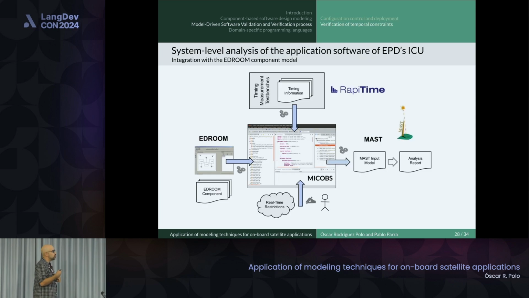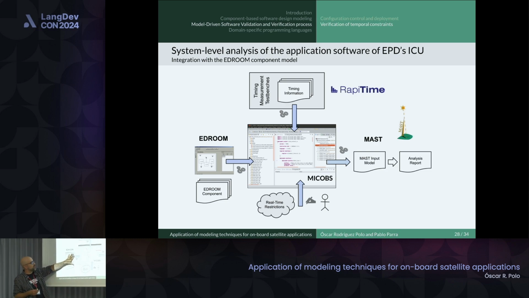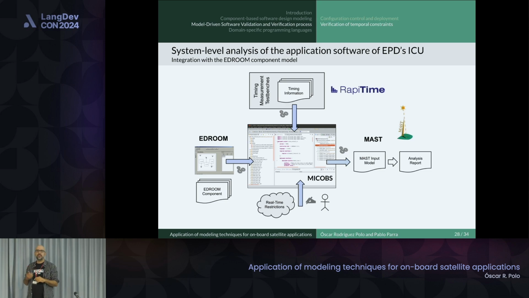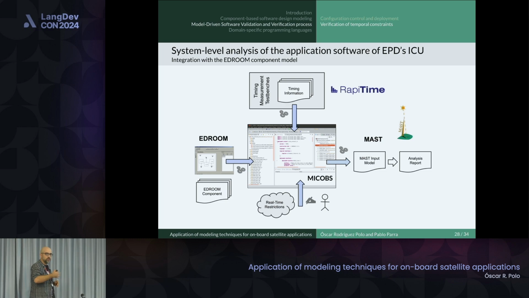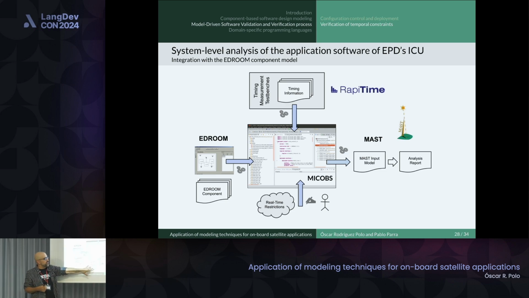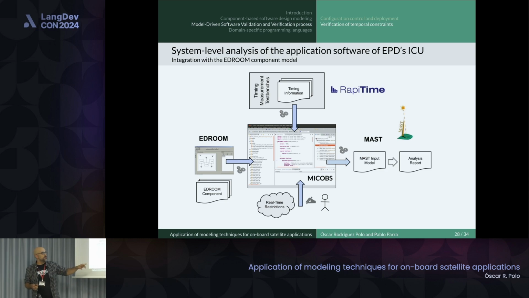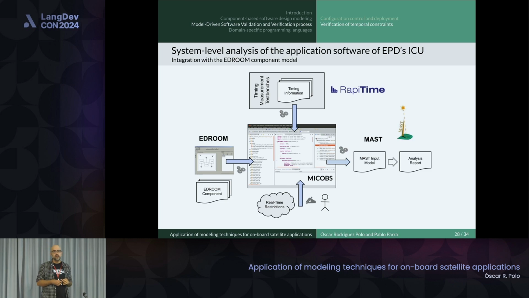And the framework also allowed us to integrate our component model for developing the application with RapidTime, which is a tool that allowed us to extract the timing information, the real-time behavioral information of our application, to measure the time spent on each section of our code, and the real-time restrictions imposed by the requirements of our application, to obtain automatically the input models for the MAST tool that finally gives us the schedulability analysis of our application.